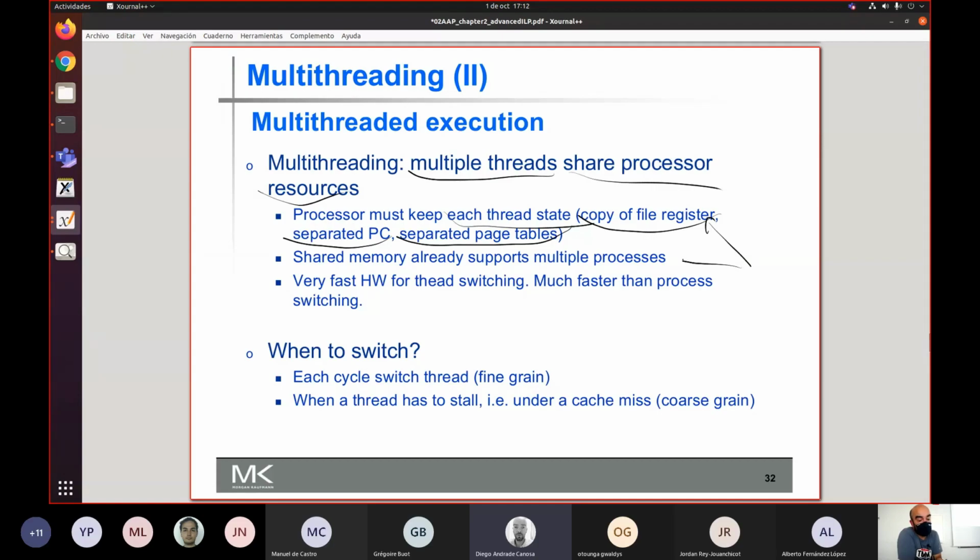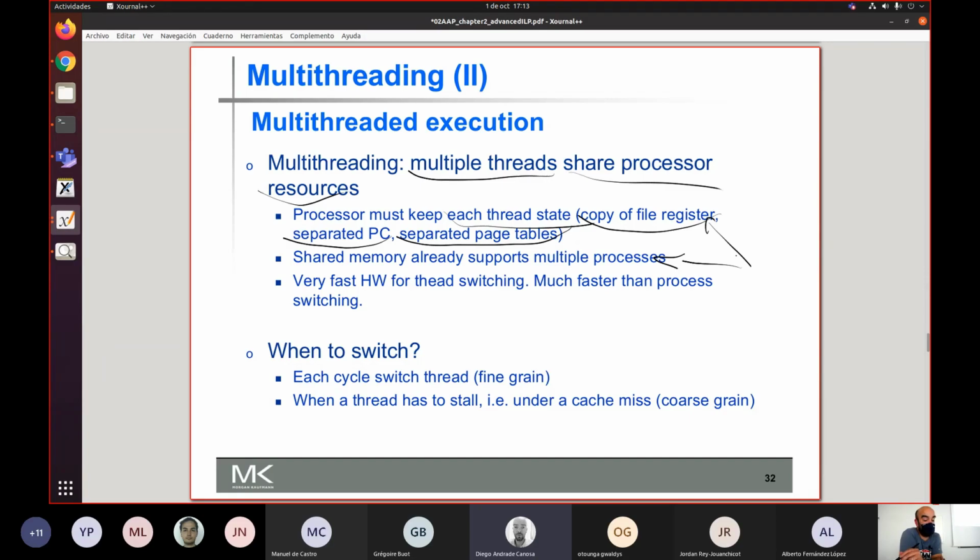The shared memory, for instance the main memory, is already ready to support multiple processes. Actually, when we talked about the virtual memory mechanism, one of the reasons to adopt it, and why it is implemented in every computer, is that it supports multiprocessing, and in this case multithreading, in a transparent manner for the programmer.